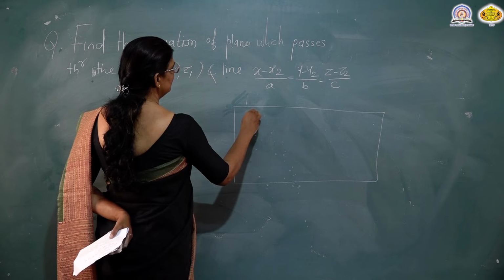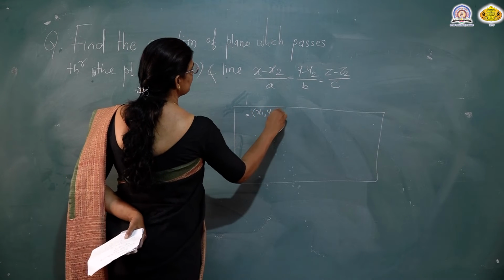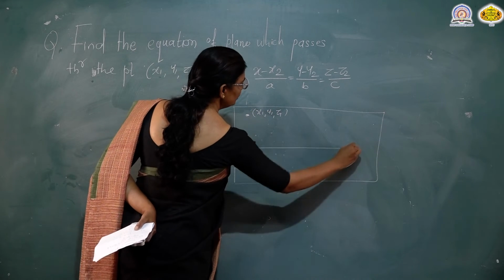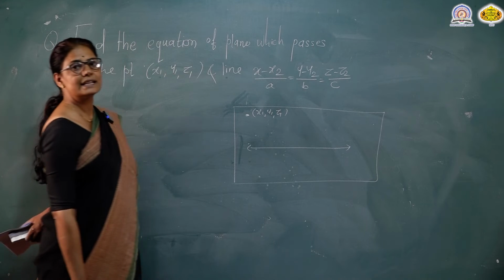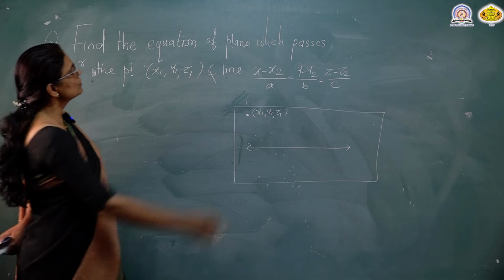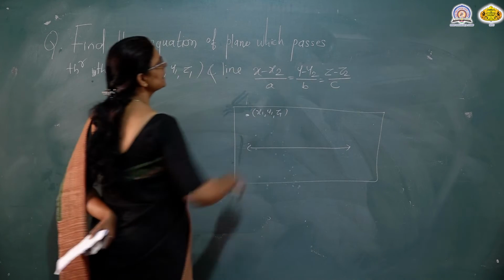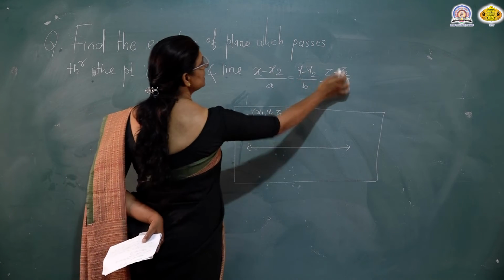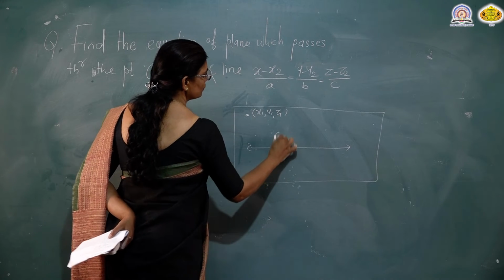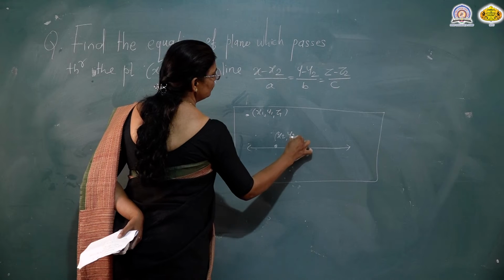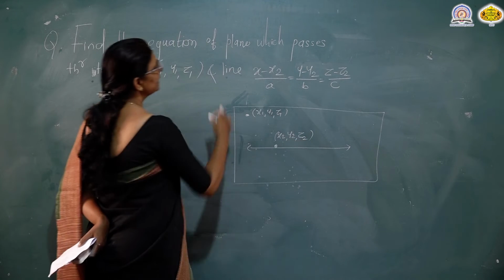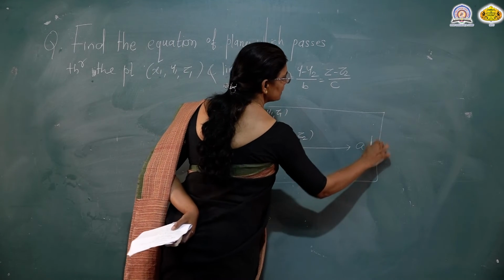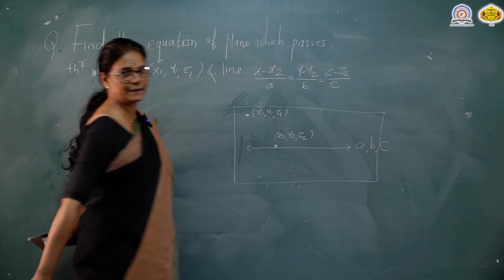So I write here, the point is x1, y1, z1, and also the plane contains the line. So this is the equation of the line. From this we can say that this line is passing through the point x2, y2, z2, and the DRs of the line are a, b, c.